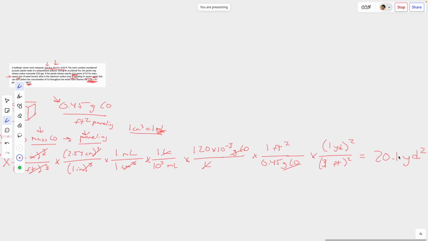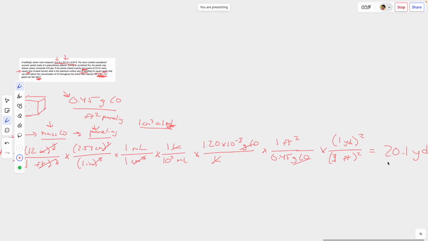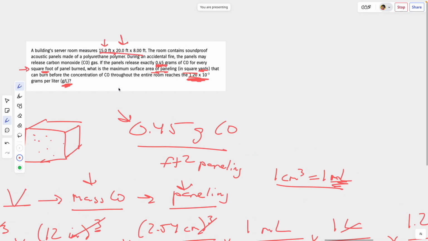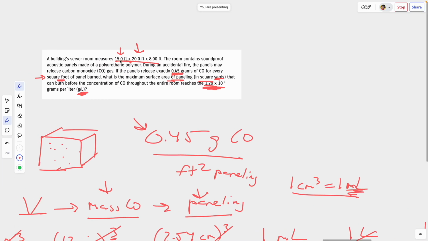So once again, for the sig figs, we're going to have 3 sig figs in our answer, because if you take a look here, we have 3 measurements, each with 3 sig figs, and then this ratio has 3 sig figs. But if you look here, this number over here, at first glance, has 2 sig figs, right? The 4 and the 5. But notice how it says each panel releases exactly 0.45.